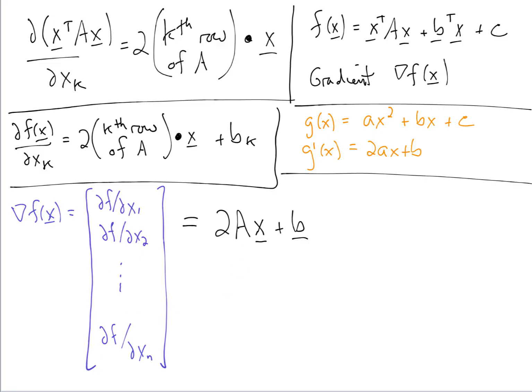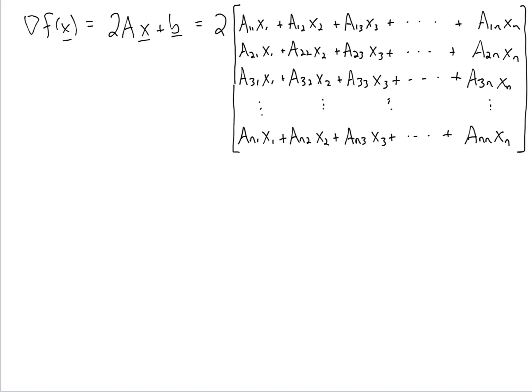Now that we have our gradient calculated, our next step will be the Hessian. So we have this gradient of f is 2Ax plus b. And we write out our matrix vector product Ax in this way so we can see what's happening, and we still have this plus b.